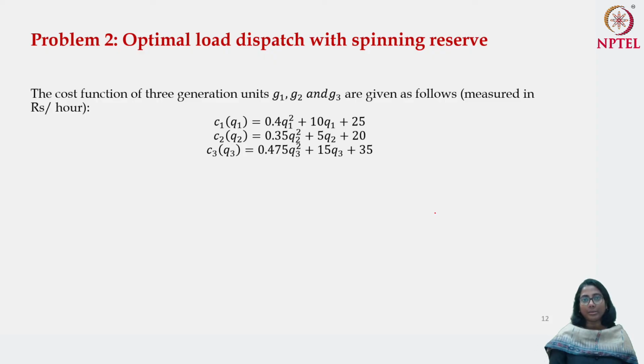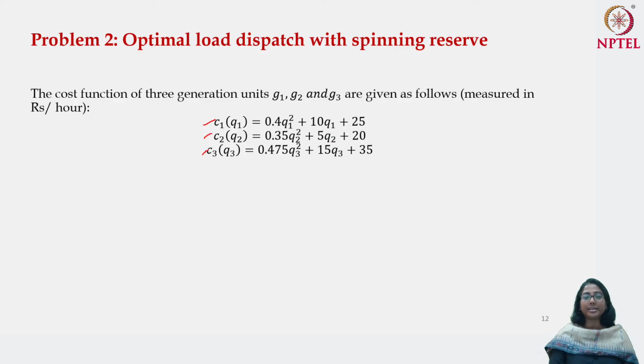Now I have added one more generating unit, and the cost functions of these generating units are given as follows. C1, the first generating unit, has cost function 0.4 Q1 squared plus 10 Q1 plus 25. The second generating unit has cost function C2(Q2) equal to 0.35 Q2 squared plus 5 Q2 plus 20.